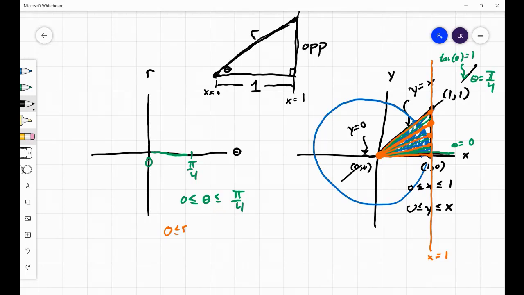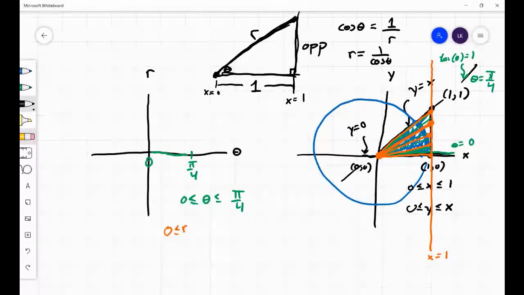And this is the opposite side. So we can use trigonometry, right? We can relate the adjacent side to the maximum value of r by using cosine. So cosine of theta is adjacent side divided by the hypotenuse. So r would be 1 over cosine theta.